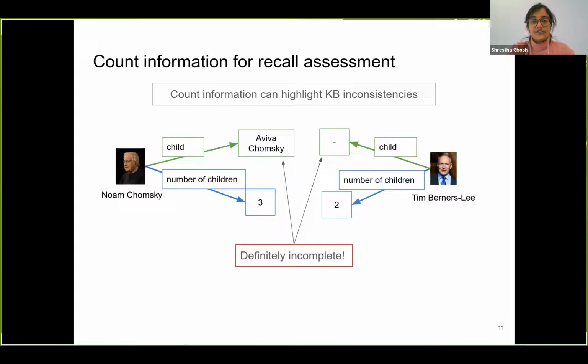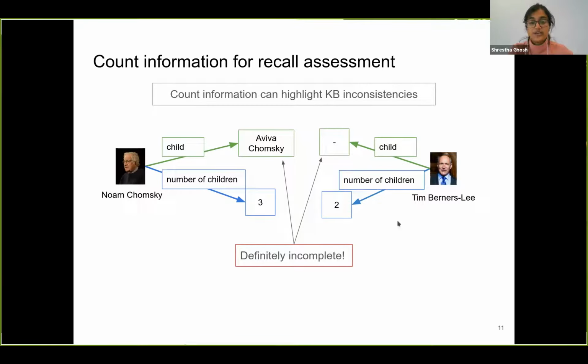Count information can highlight knowledge base inconsistencies if we know the alignment between the enumerating and the counting predicates. Here we have 2 examples, Noam Chomsky and Tim Berners-Lee.